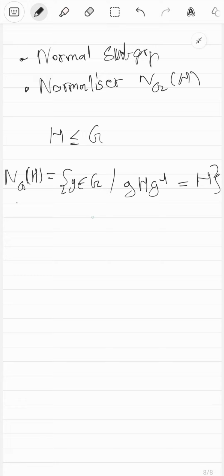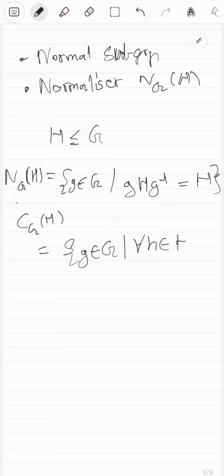Now similar to this, there's another thing which is called the centralizer. That's written sometimes as C sub G, sometimes as Z sub G. I like C personally. I'm going to write it like this: C sub G of H. That's all the elements g in G such that for all the elements h in capital H, essentially ghg inverse is just h.